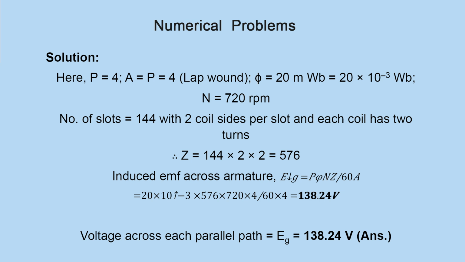The induced EMF across each parallel path is nothing but the induced EMF across the armature, which means the voltage across each parallel path is equal to 138.24 volt only. So this is a tricky question, where we have to obtain the induced EMF in two different cases, however those two cases are the same.